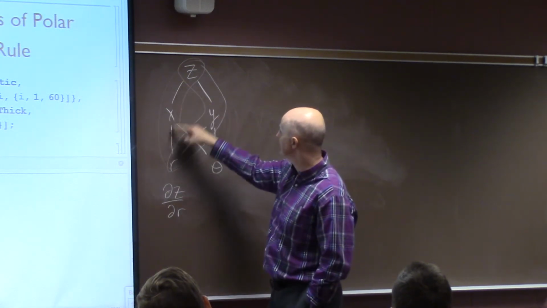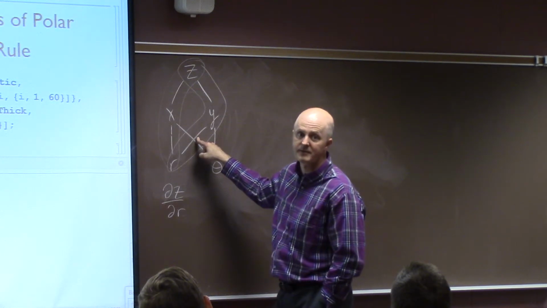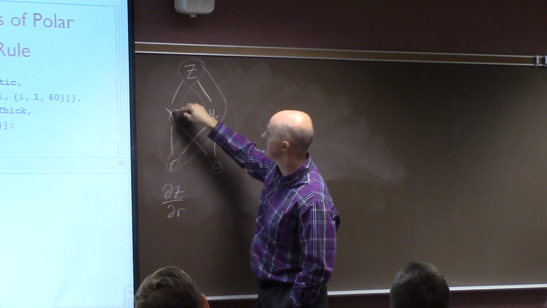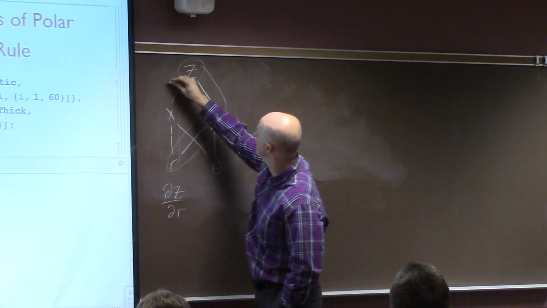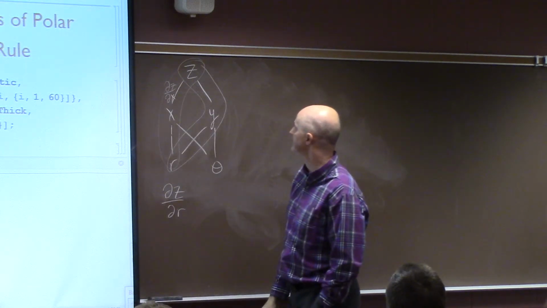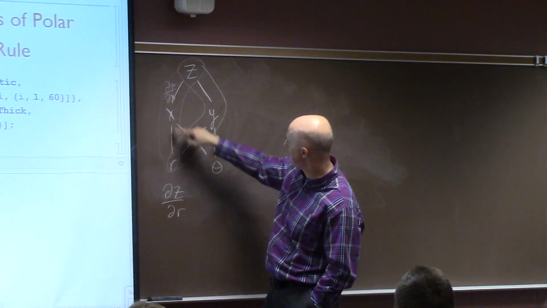Along the line segments for each path, you want to label those line segments with the appropriate derivative, rate of change of the top variable with respect to the bottom variable. So along this line, I'm going to label that dz dx, or partial z, partial x if you prefer. Along this line, x is the top, r is the bottom.